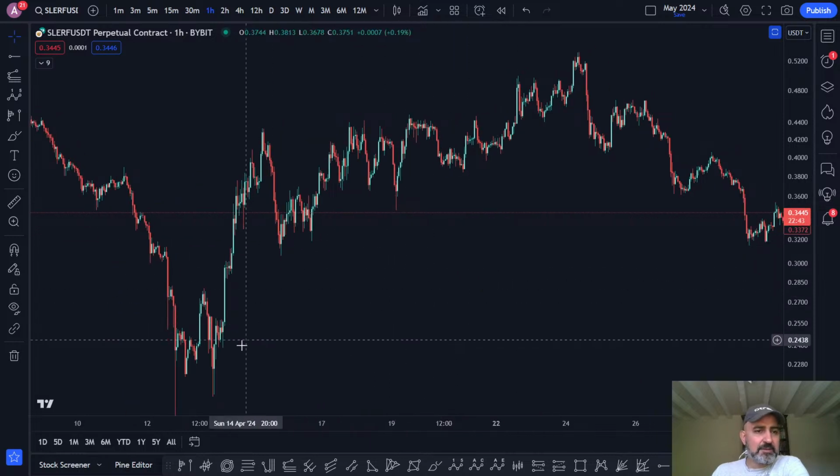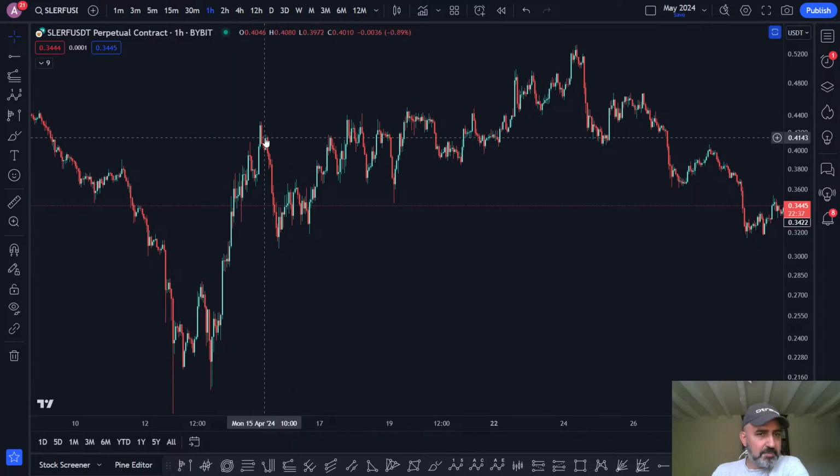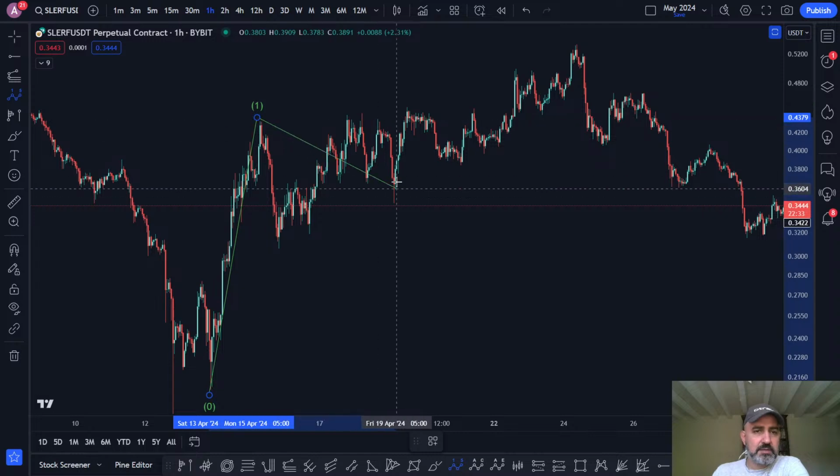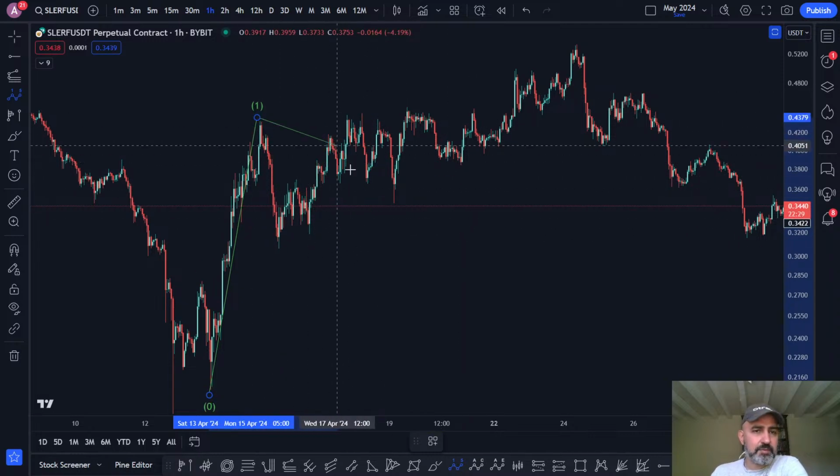And basically what you have here, without going into too much detail, is your really impulsive wave 1, something like this, some kind of flat correction here. Don't know. 2, 3.